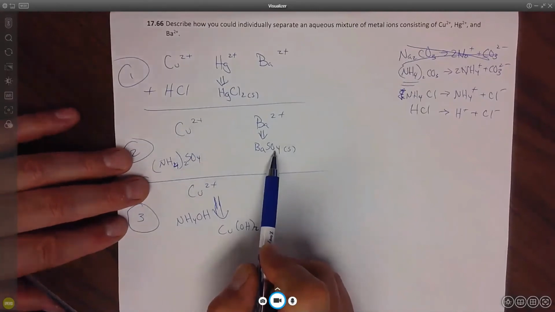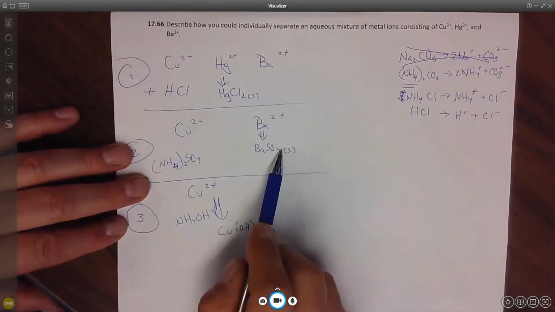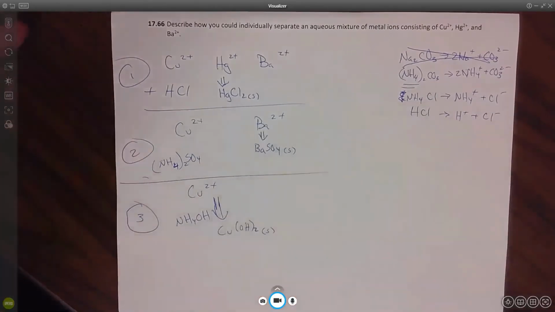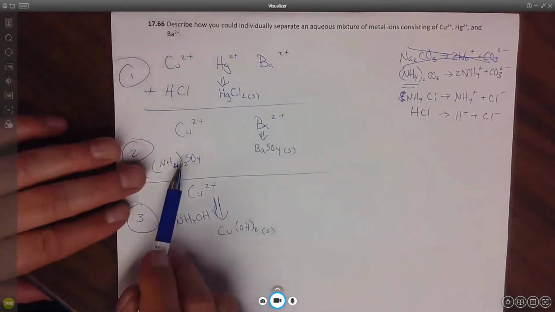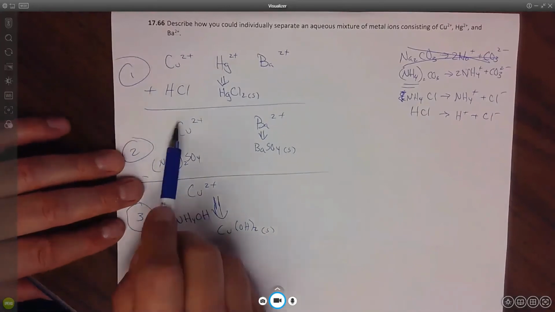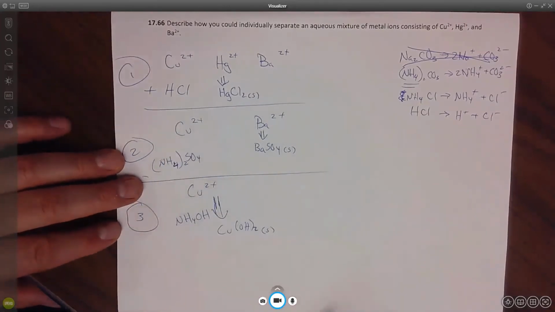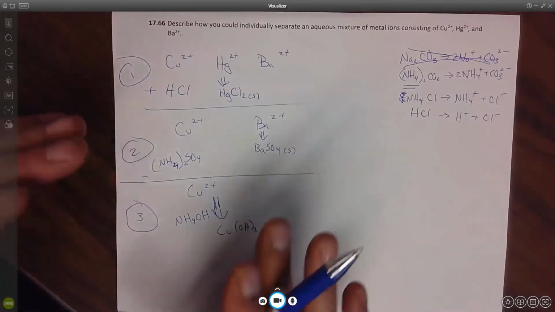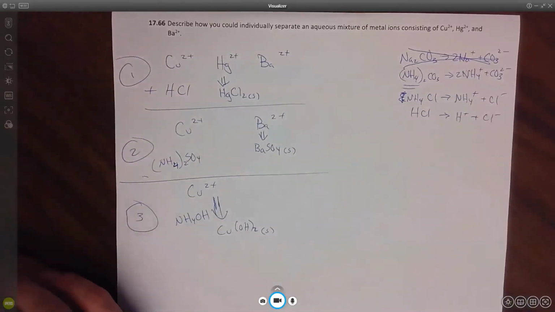Not a sulfide, actually, because barium sulfide is soluble. That also means I could have added a sulfide to get the copper out, which would have left the barium in. So you see what I'm saying? There are all kinds of different paths you can take. You just need to know your solubility rules, and I will take any acceptable path.